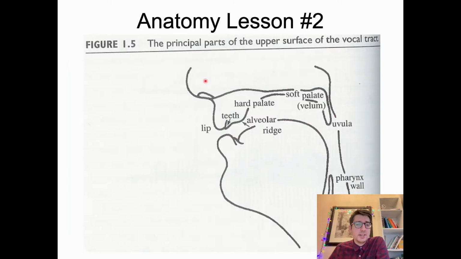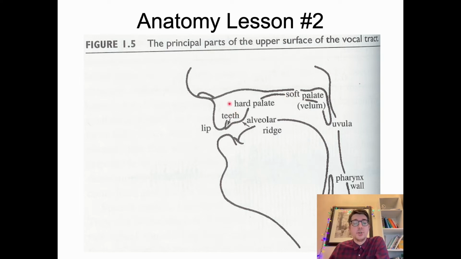Then anatomy lesson number 2, we have the upper surface of the vocal tract, whereby we have an upper lip, upper teeth, hard palate, alveolar ridge, soft palate or velum, uvula, the little dangling thing in the back of your throat, and the pharynx wall, which are all considered passive articulators, because the tongue is actually hitting those targets.